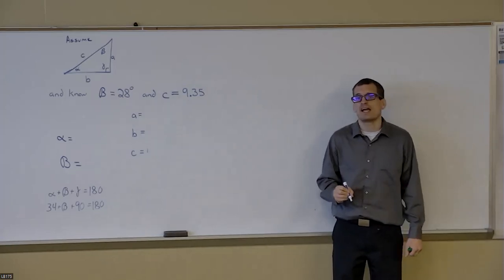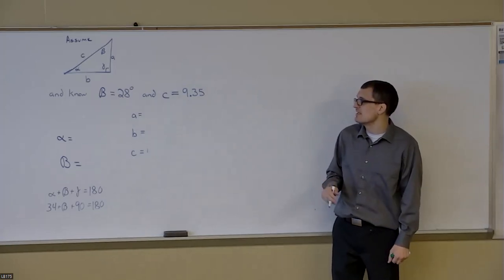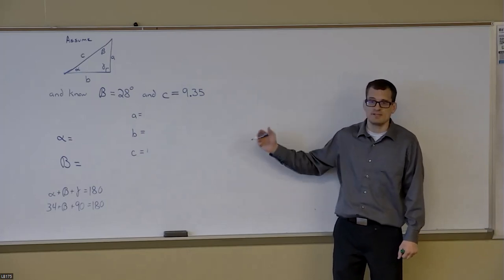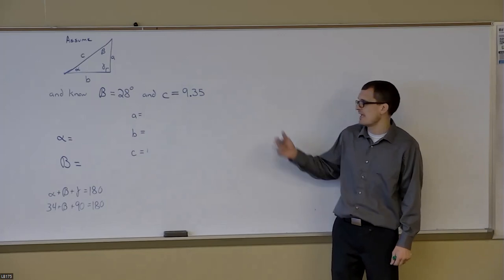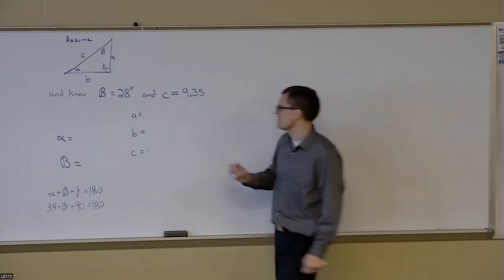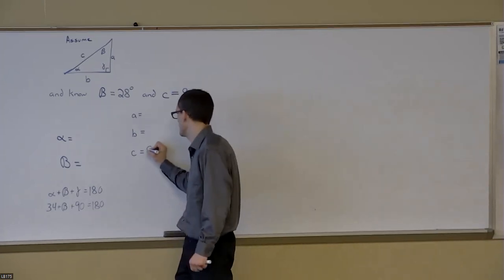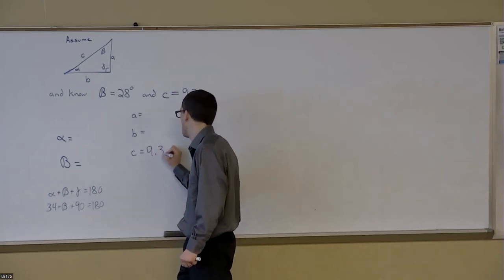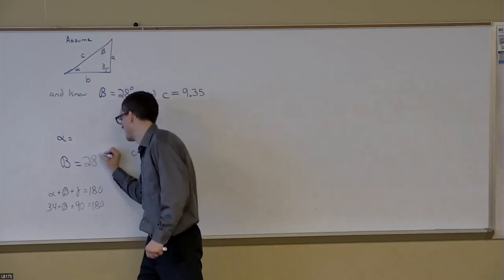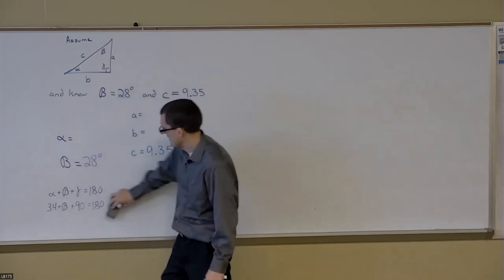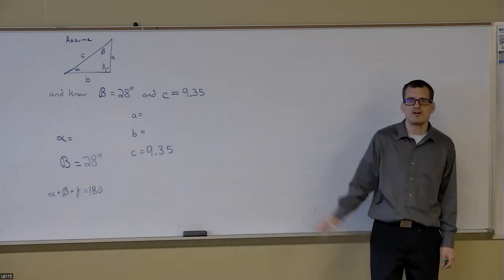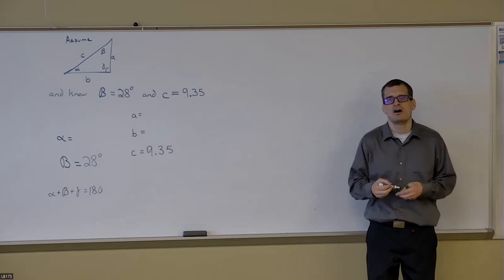I want you to try to find the alpha, the A, the B, and the C and the beta, but we already know the C and the beta, right? We can already fill these two in. I want you to try that on your own. Solve this right triangle on your own.